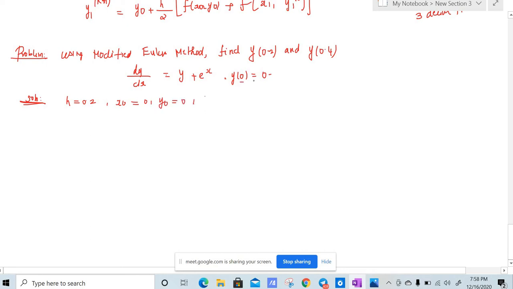You can see x naught is 0, y naught is 0, and our f of x comma y is y plus e power x. So what do we need to find? We need to find y of 0.2.